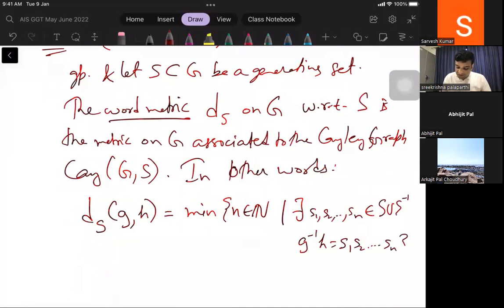So you take all such words in S and look at G inverse H expressed in those letters.